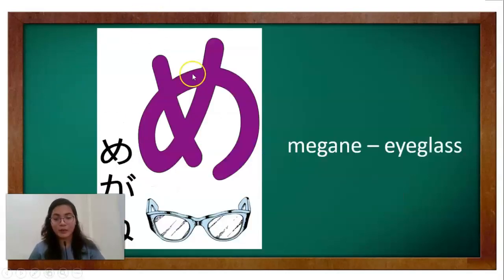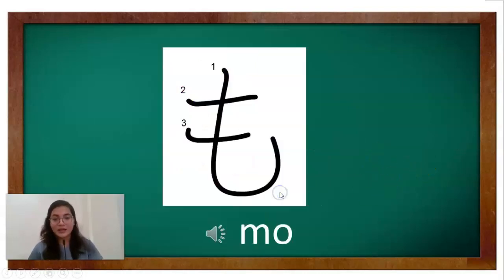Here's an example word that starts with me: Megane. Megane means eyeglass. Okay? Next up, and the last part of this row is mo.